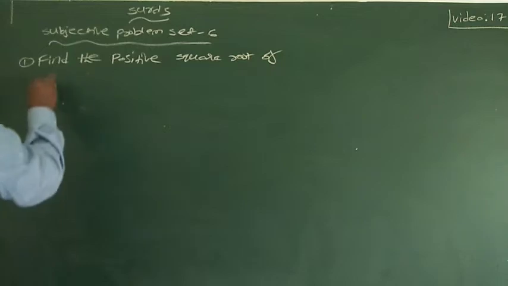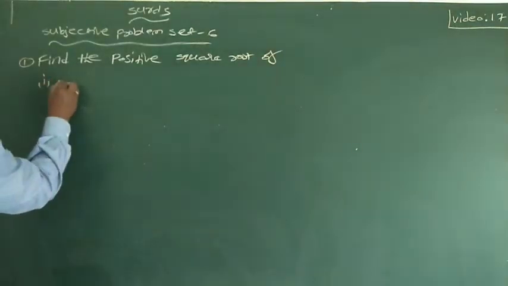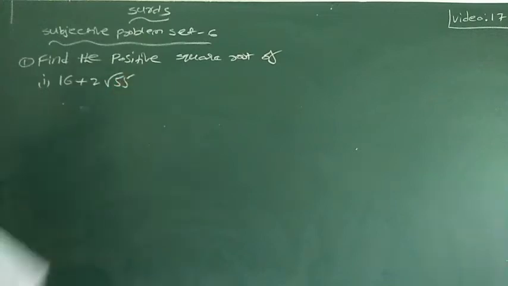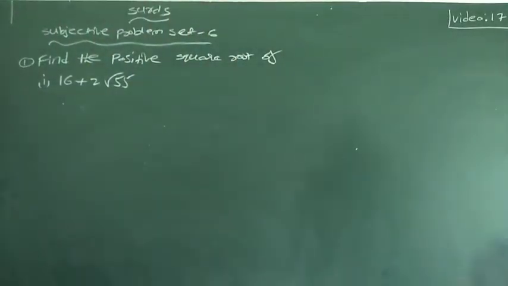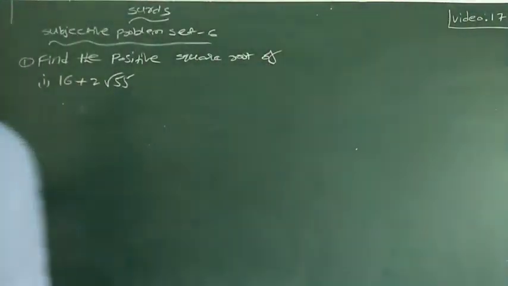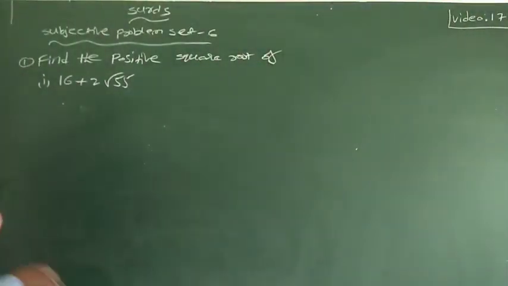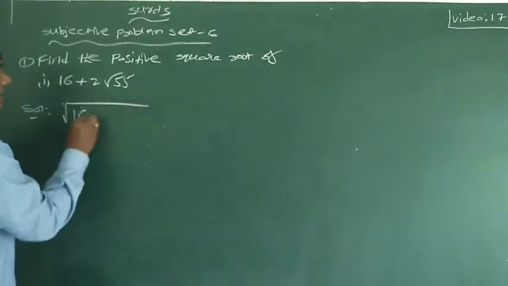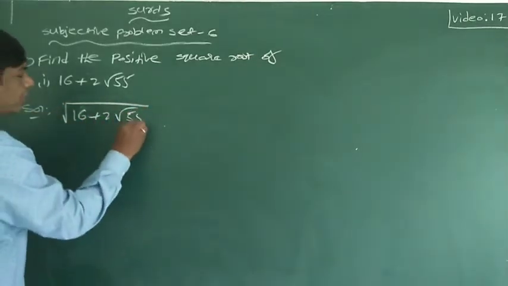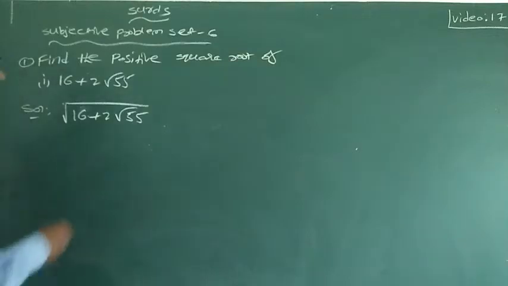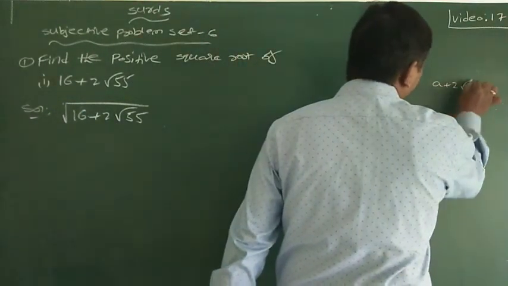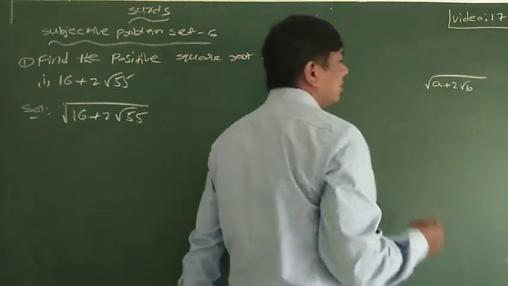The first question is the positive square root of 16 plus 2 into root 55. Simple question taken. After that you will have different questions. Now I have to find the square root of 16 plus 2 into root 55. Directly this is the form of a plus 2 into root b.